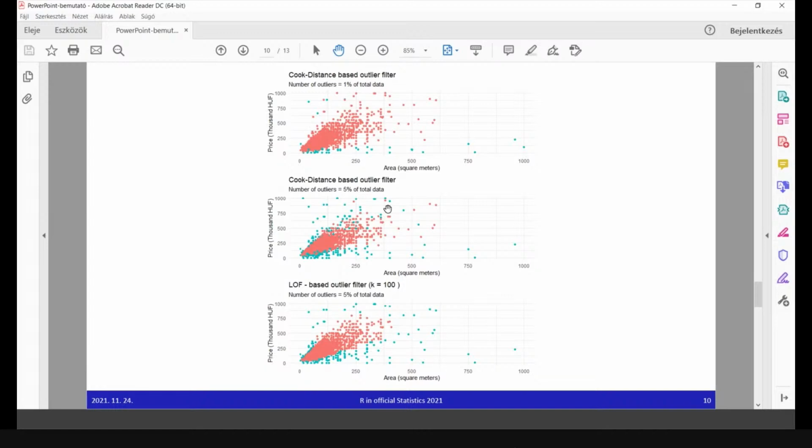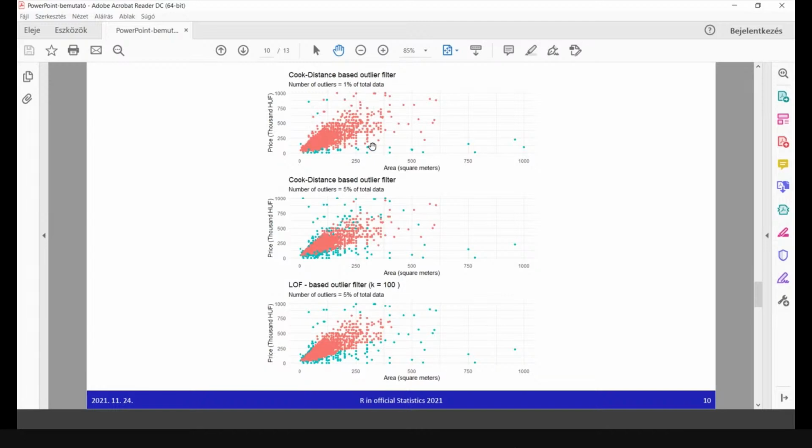Then I calculated the Cook's distance, because the Cook's distance prerequisite is to fit a linear model or some sort of model, and then it will calculate the outliers based on that. What we can see is that we had a pretty good model, and the results are going to be pretty much the same. There are differences due to the multi-dimensional nature of the database, but as a preliminary data cleaning service, the local outlier factor is very good.